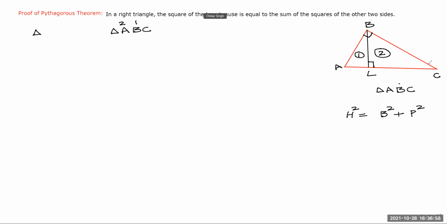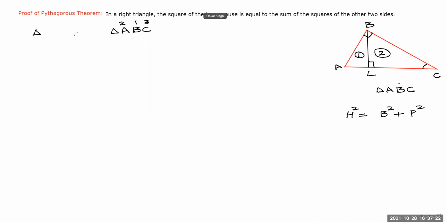Which is the smallest angle? C is the smallest, so I give it number 3. Now the triangle whose name I am going to write is similar to this triangle. I must write the vertices of this small triangle in the same order in which I am writing the vertices of the bigger triangle.